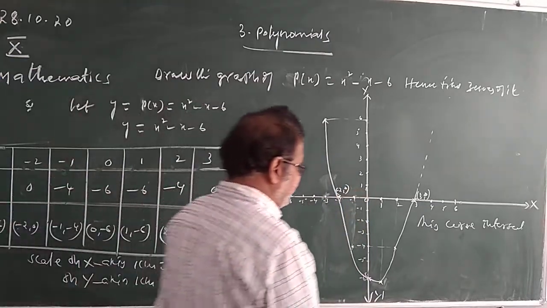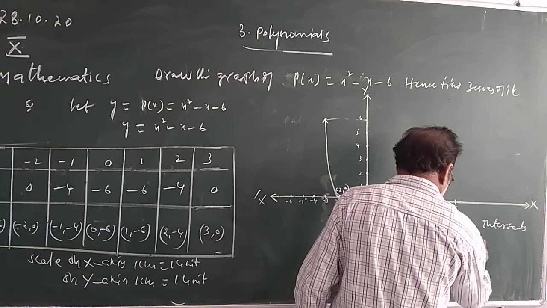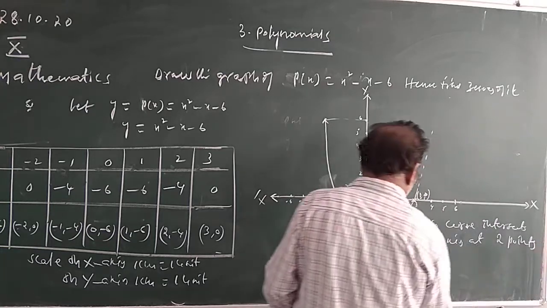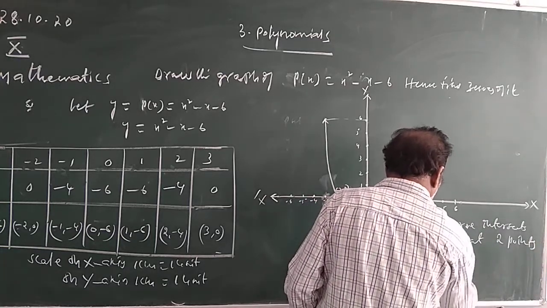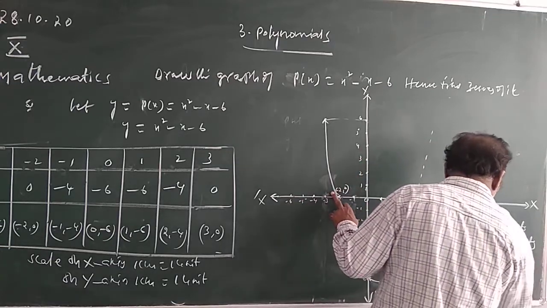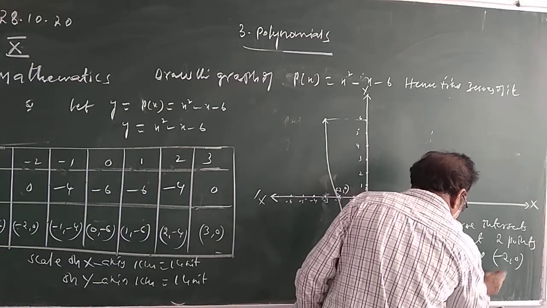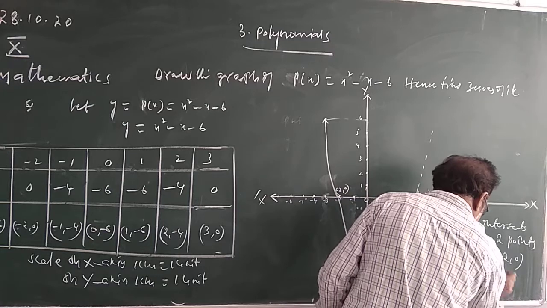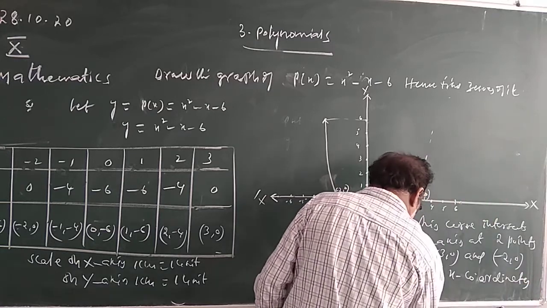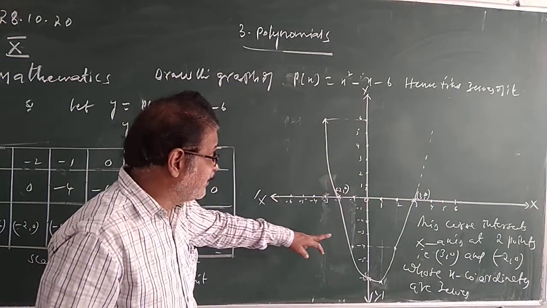The curve intersects the x-axis at 2 points, that is 3, 0 and minus 2, 0, whose x-coordinates are zeros. The curve intersects the x-axis.